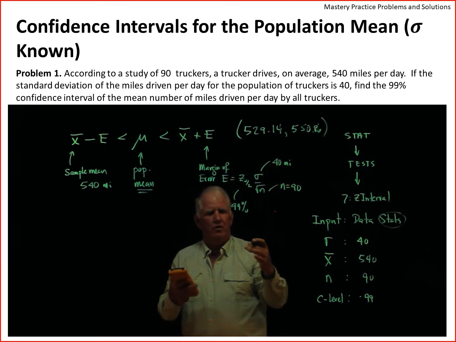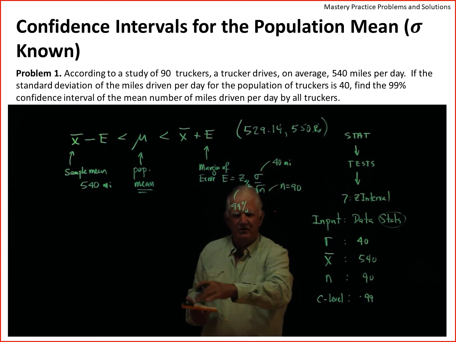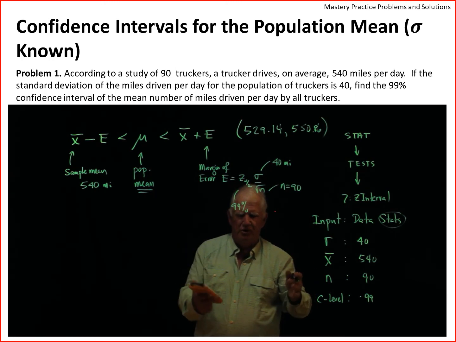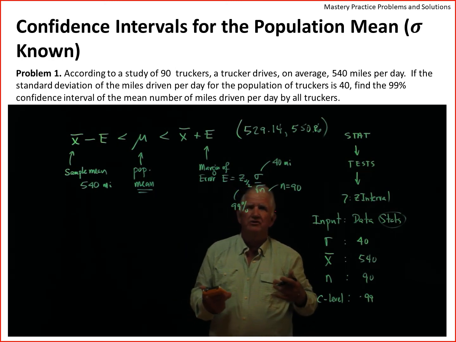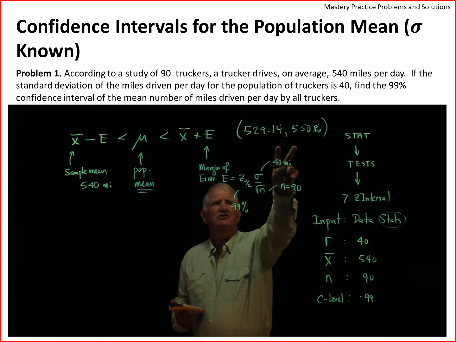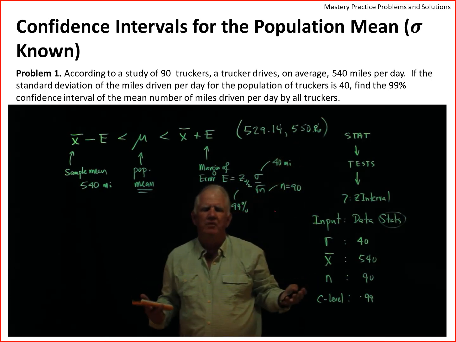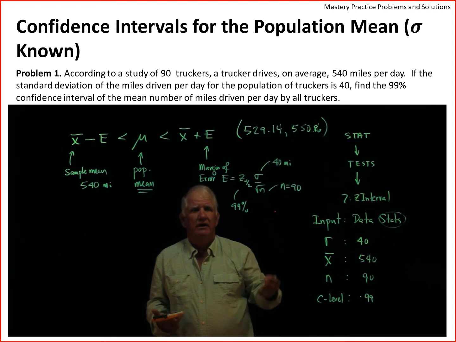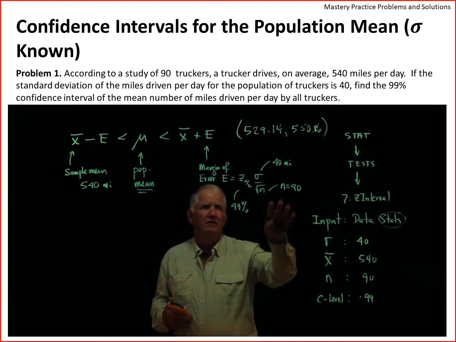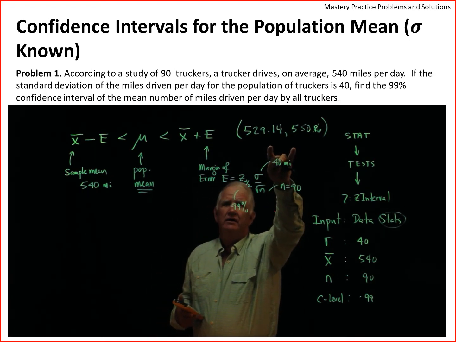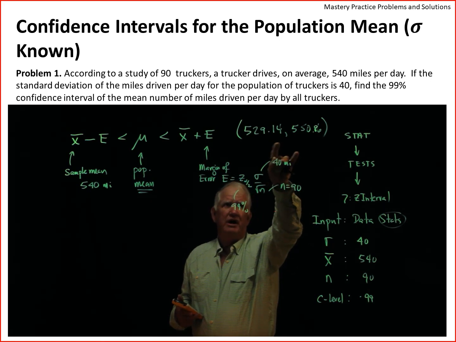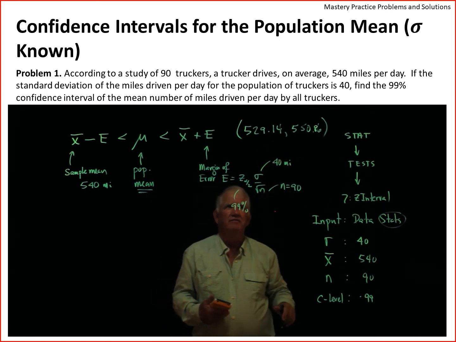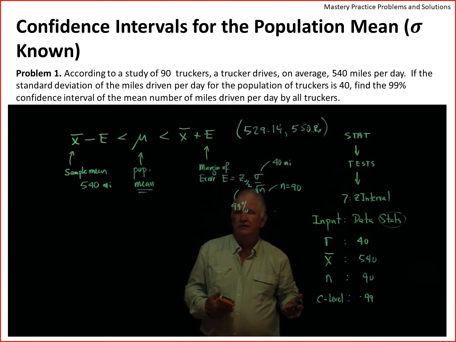Again, we reached into the population of truckers, pulled out 90, and based on their sample, we make an estimate of what the true population average is. With 99% confidence, we can say that it is between the bounds 529.14 and 550.86.